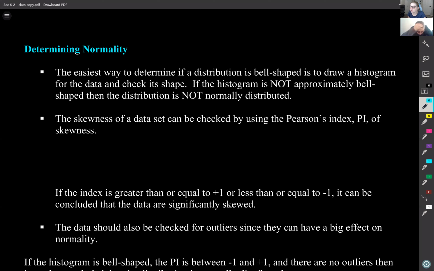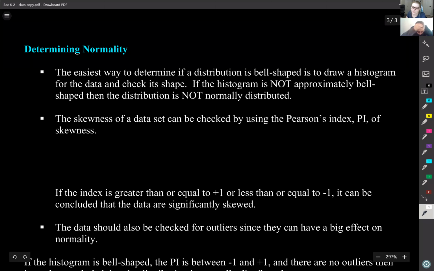But on top of that, the skewness of a data set can be checked by using the Pearson's index PI of skewness. Interestingly enough, I have this typed out on the lecture notes, and for some reason, it did not translate onto the copy with the black background. In my white background, black text copy, it's typed on, but for some reason, it did not stick on this one. So I'm going to just write it in, because I'm just noticing that it's missing.